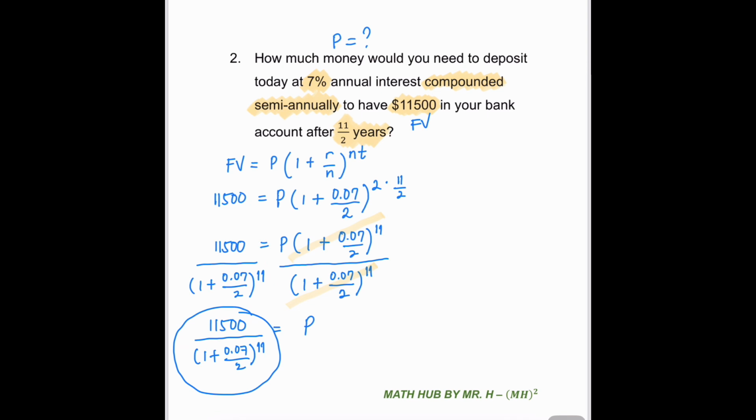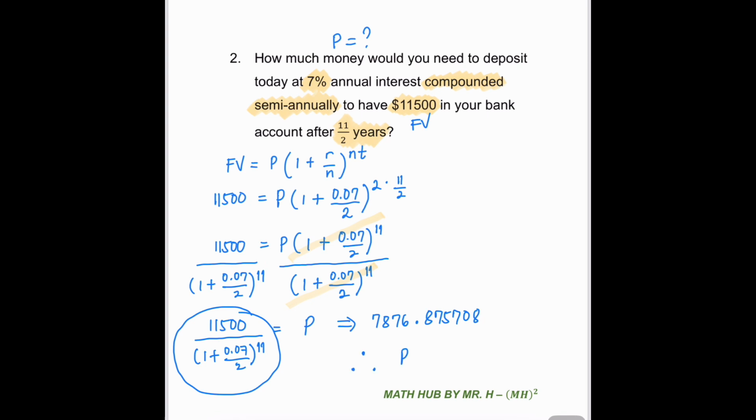All right. And if you do that, it's going to give you the exact value of 7,876.875708. That is the actual answer. But then again, since we're talking about money, and it depends on what the instructions are, we can leave our answer in two decimal places.